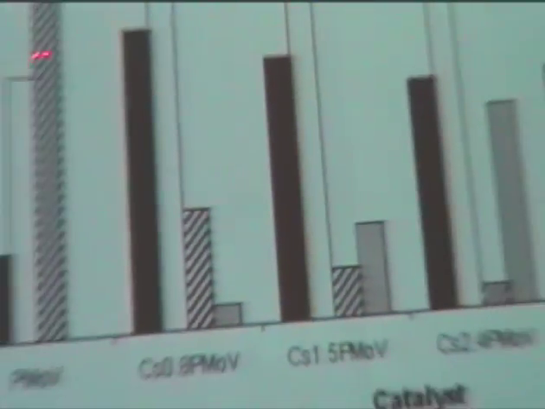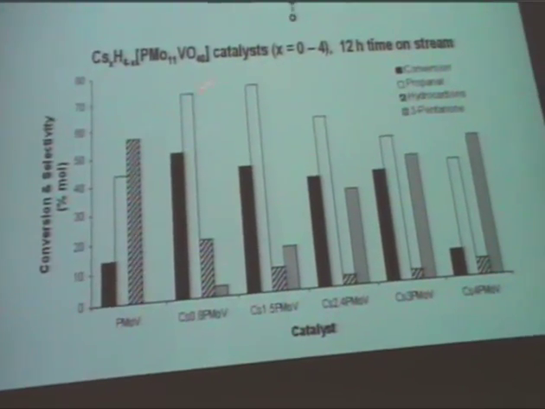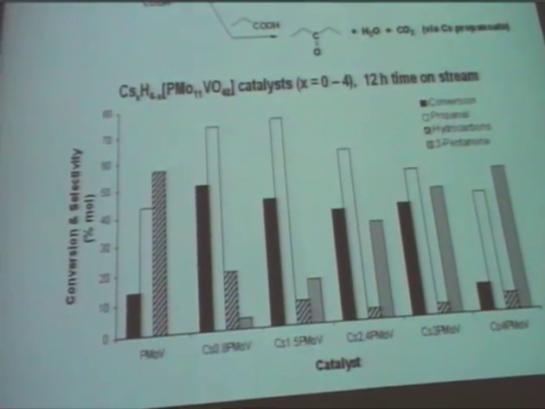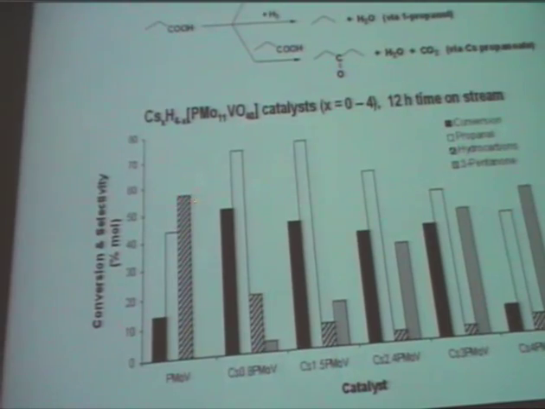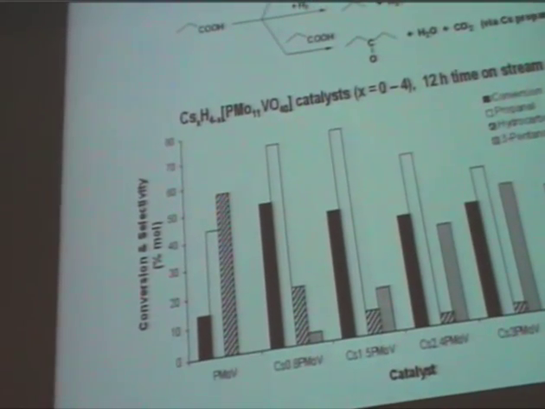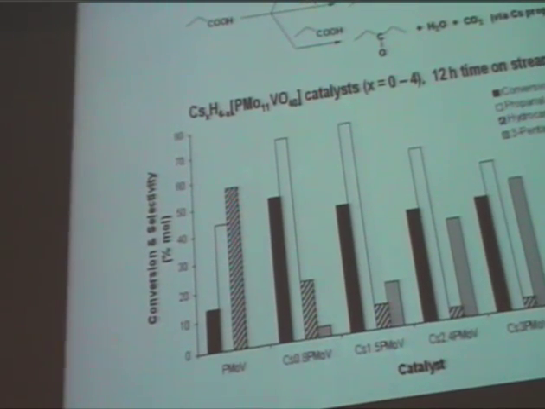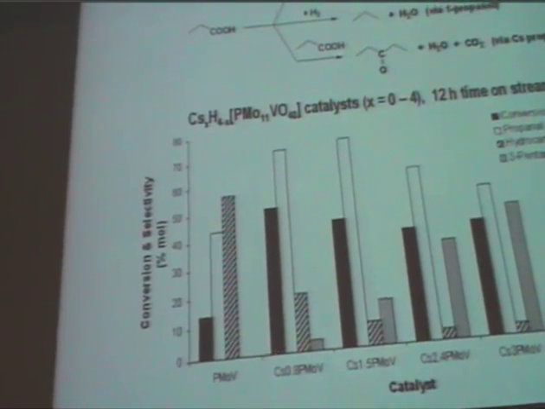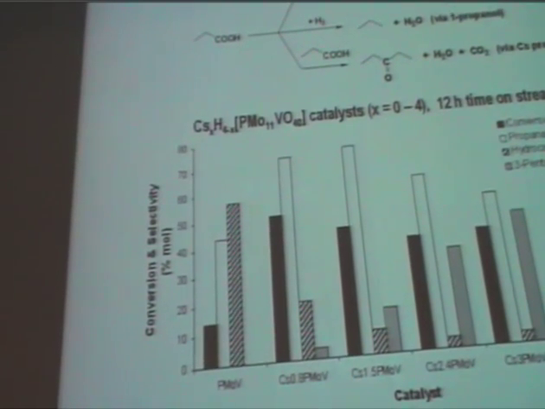And you can see that the selectivity to propanol passes maximum, 76%. At the same time, the selectivity to propane decreases monotonously in this series, whereas the selectivity to this ketone increases in this series.